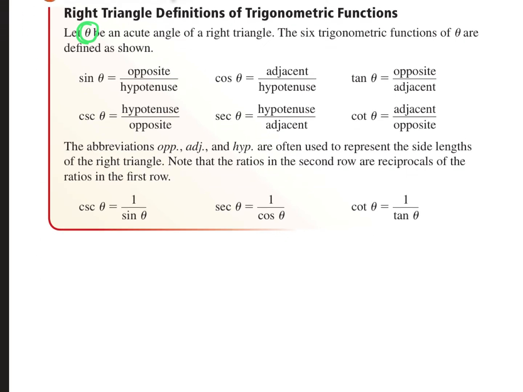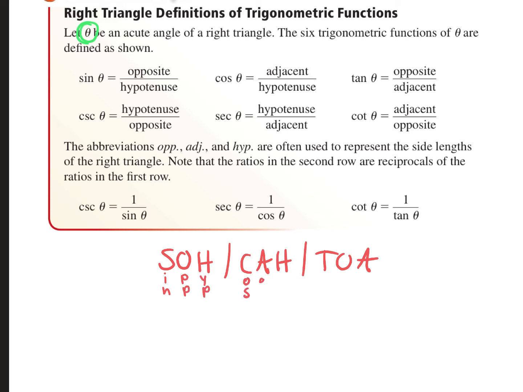We can remember that with our little acronym SOHCAHTOA. So this just stands for sine is opposite over hypotenuse, cosine is adjacent over hypotenuse, and tangent is opposite over adjacent.